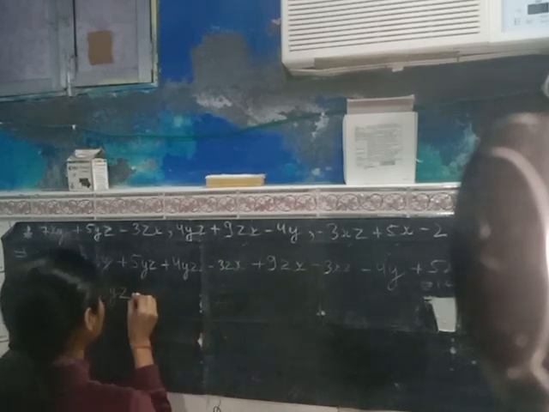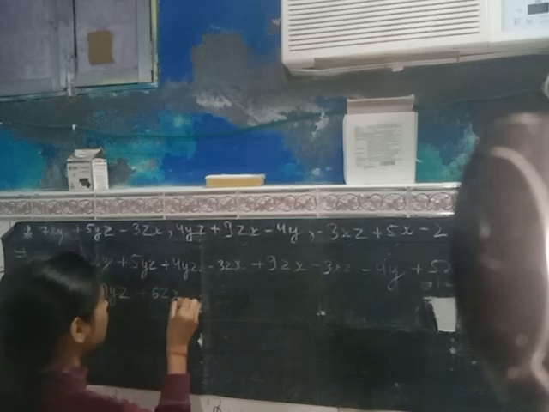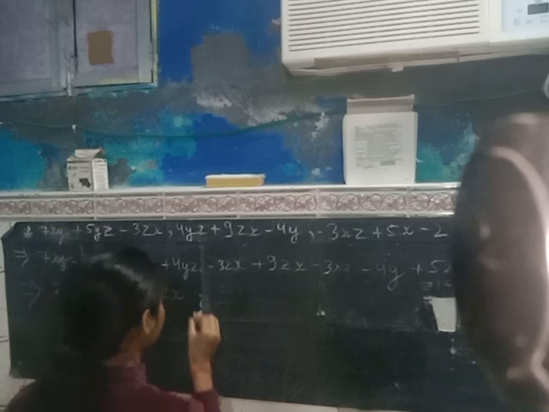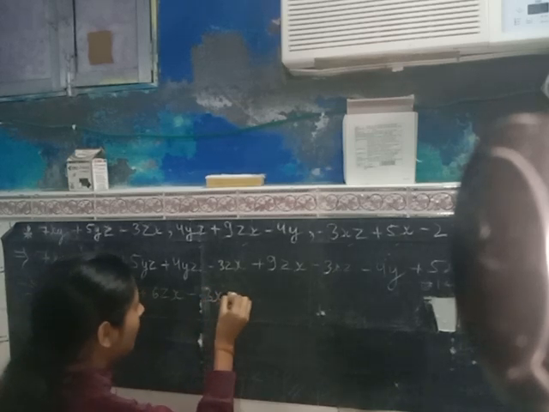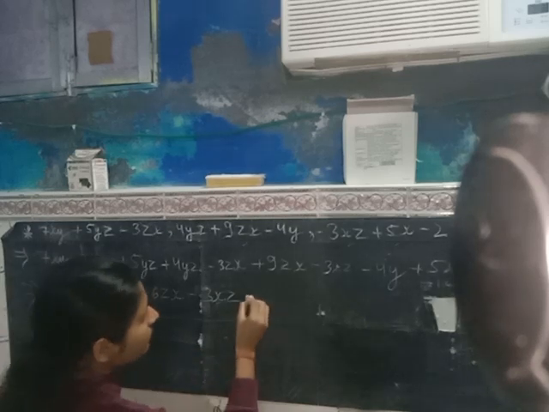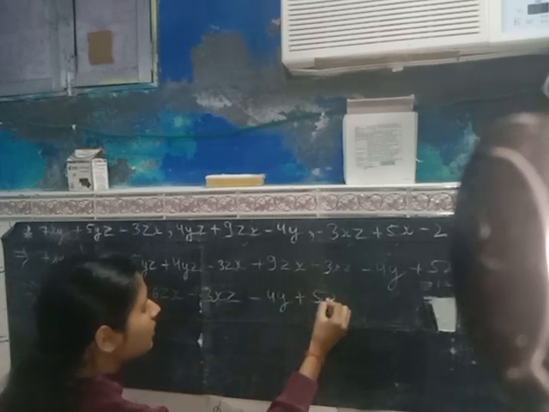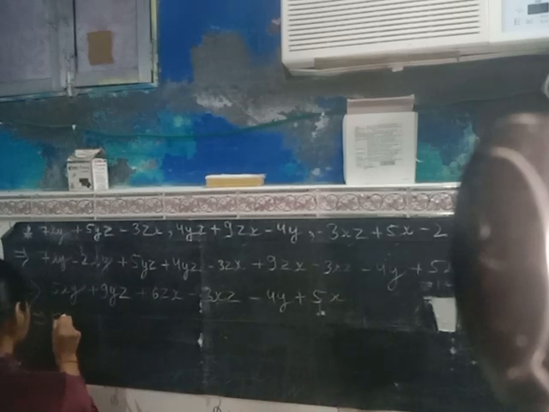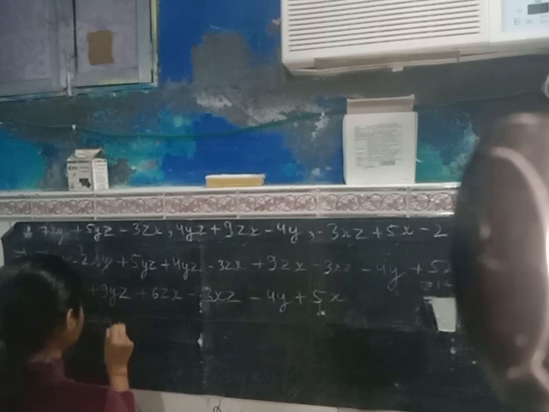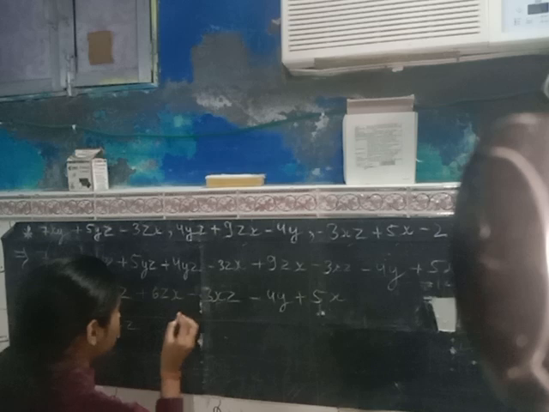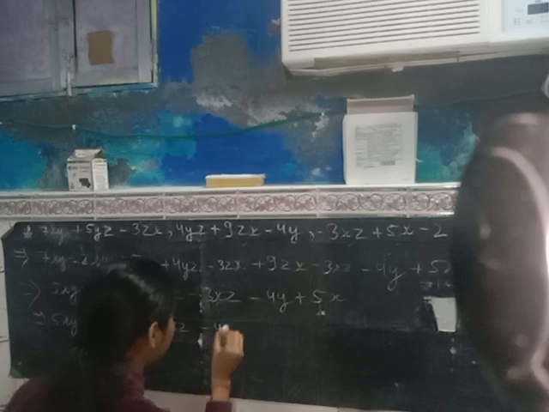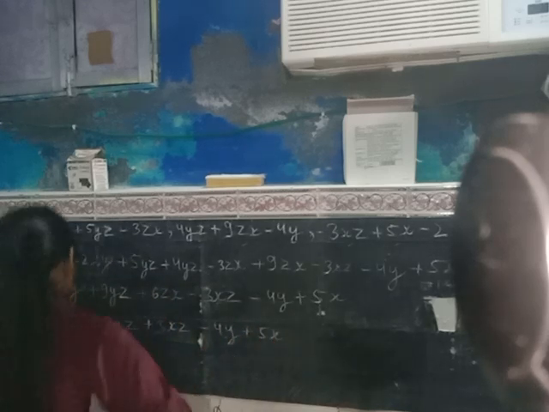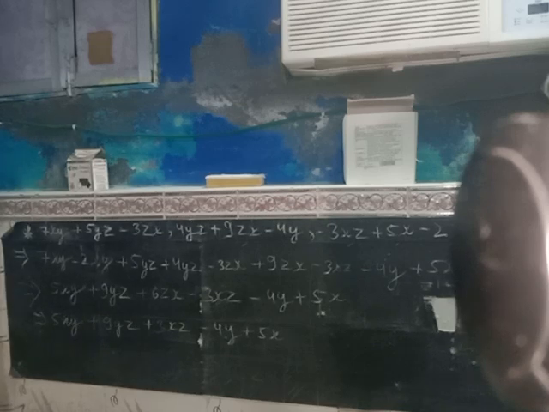Then minus plus minus, so here it will be plus 3xz, minus 4y, plus 5x.